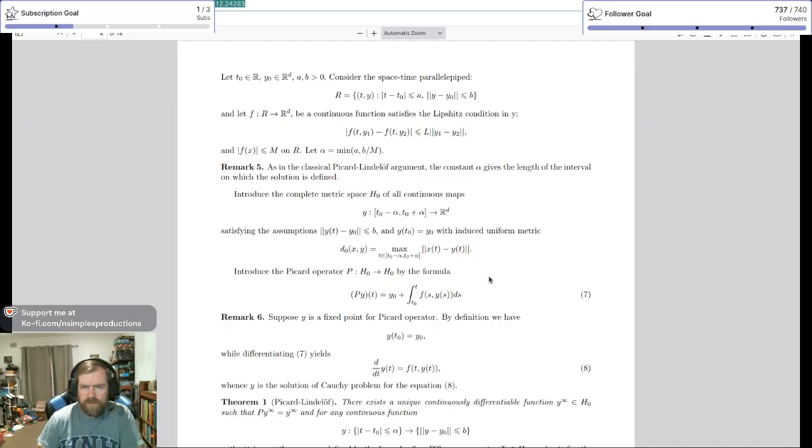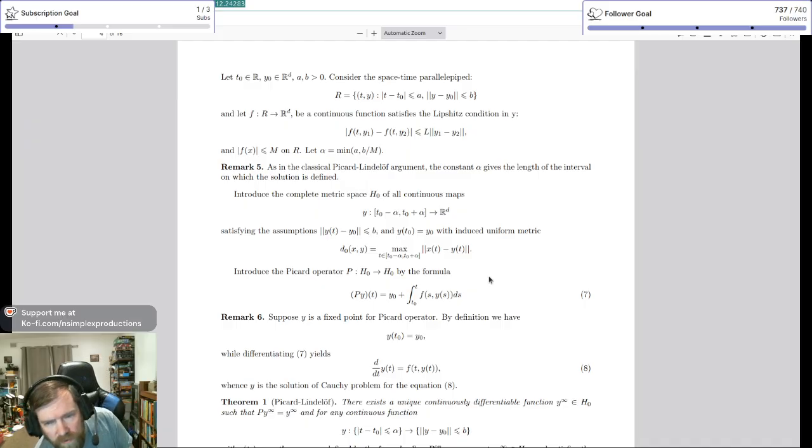Introduce the complete metric space H sub 0 of all continuous maps y from the interval t0 minus alpha, t0 plus alpha, mapped onto reals of dimension d, satisfying the assumptions: the distance of y of t minus y sub 0 is less than b, and y of t sub 0 is y sub 0, with induced uniform metric.